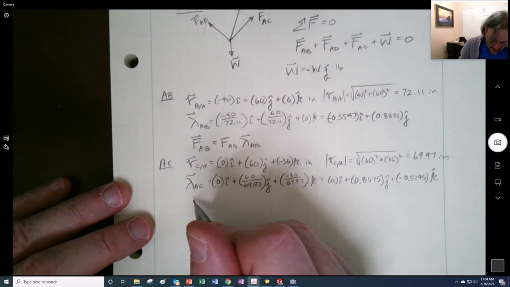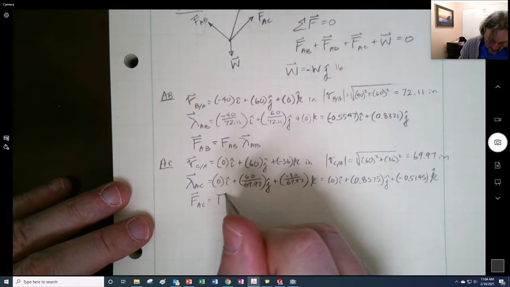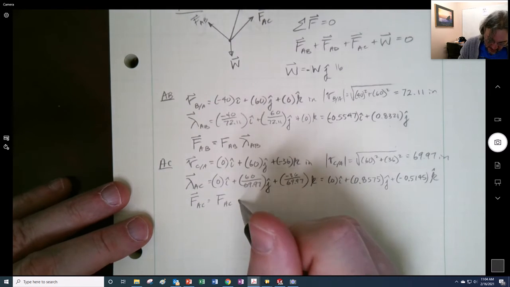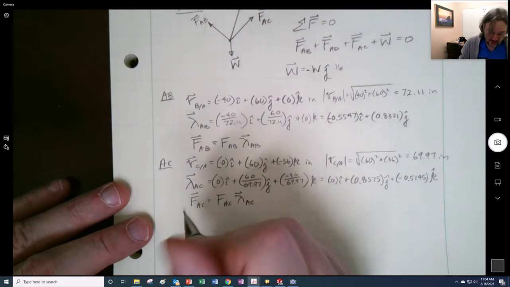And then remembering that FAC is going to be equal to the magnitude of the tension times the position vector right in there.